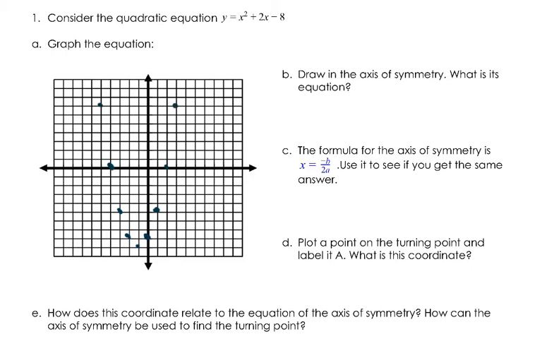Alright, so those are all the points that I can actually plot on here. And now I'm just going to connect them. I'm actually going to start from this point right here that kind of makes the curve. And I'm going to go up. Oh, I'll do that again.